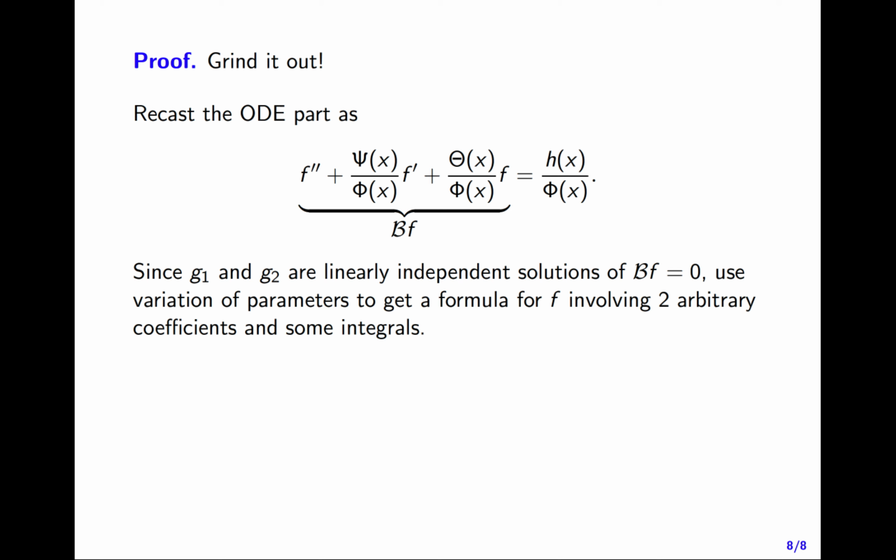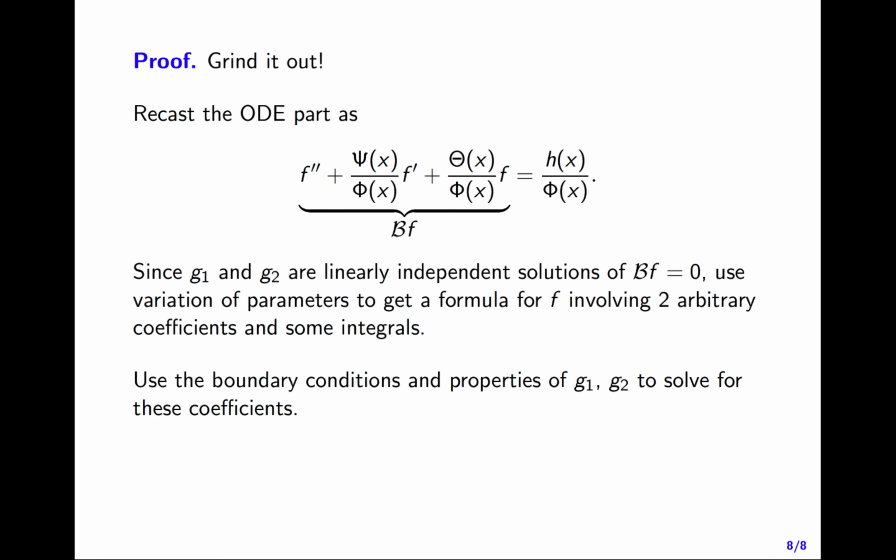In particular, we know that g1 and g2 are linearly independent solutions of the homogeneous problem B on f equals 0. So we can use variation of parameters to get a formula for f that would involve two arbitrary coefficients, one on g1, one on g2, and some integrals of g's and the Wronskian against h divided by phi.